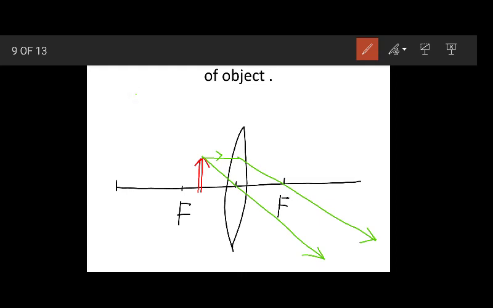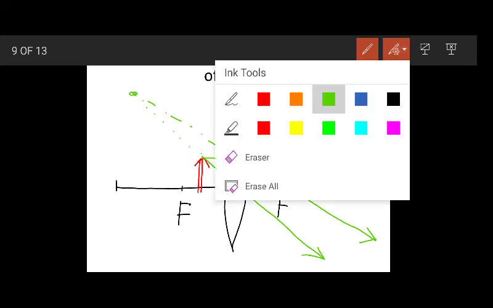When you extend these two refracted rays backward, they will seem to come from this point. So at this point, the virtual image will be formed.